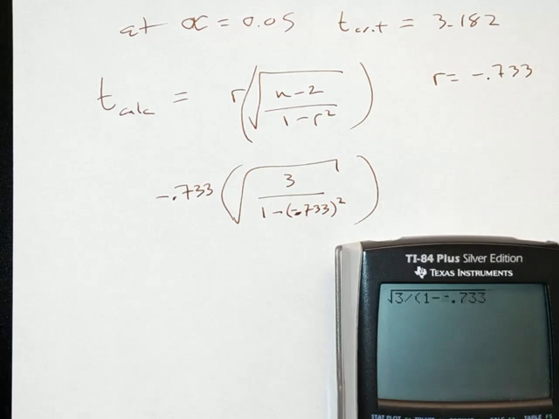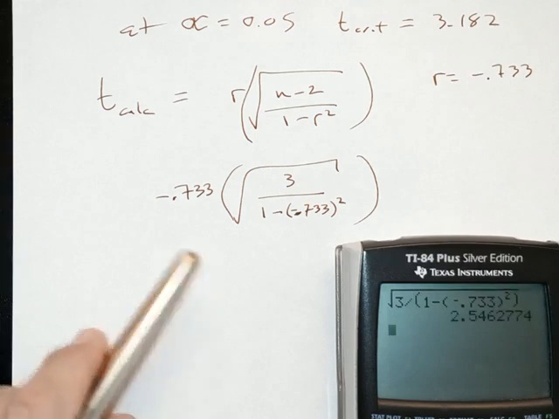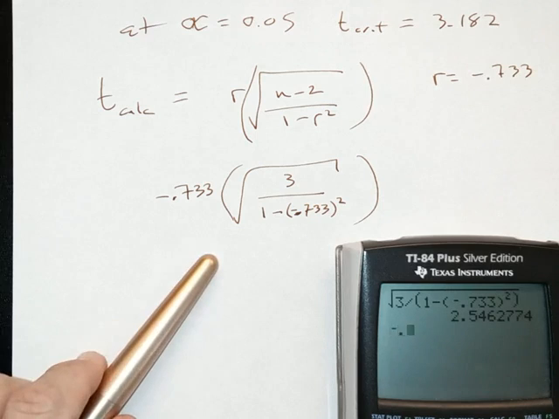I forgot the parentheses, 1 minus paren on that. Oop, paren. Because if I'm squaring a negative, I want the square to cancel out the negative. There's the square root. Enter. Multiply that by negative 0.733.